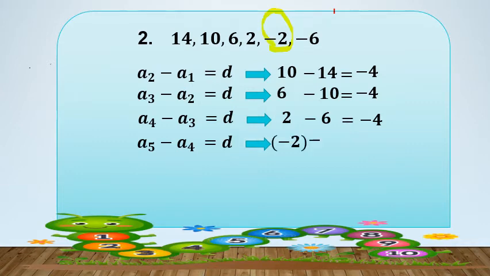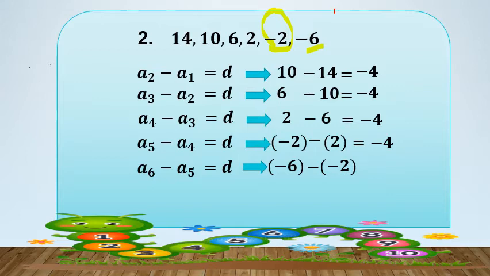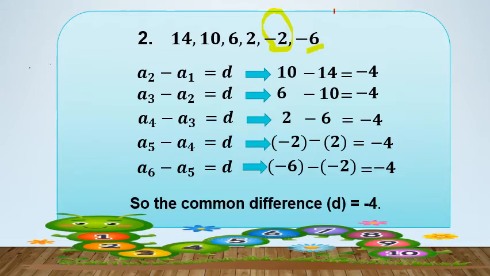We have now negative 2 minus 2 equals negative 4. a sub 6 minus a sub 5 equals d. a sub 6 is negative 6 minus negative 2 equals negative 4. So, the common difference is negative 4.